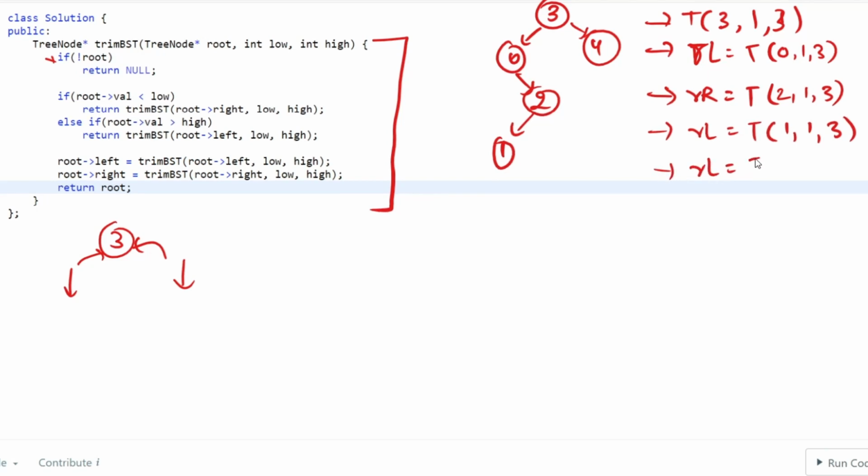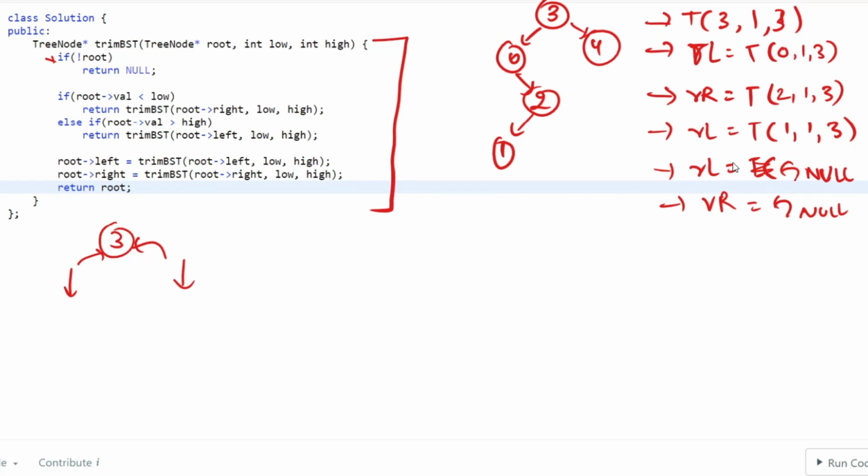In the left we have null, so it's going to return null, and its right will also return null. In both cases they are going to return null. So we are going to return this root.